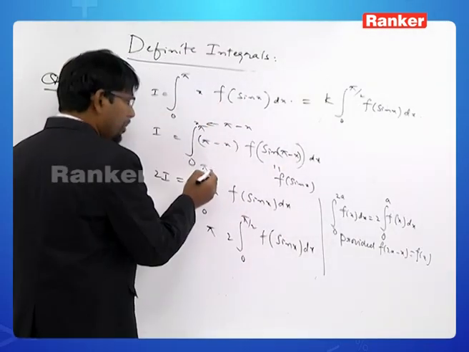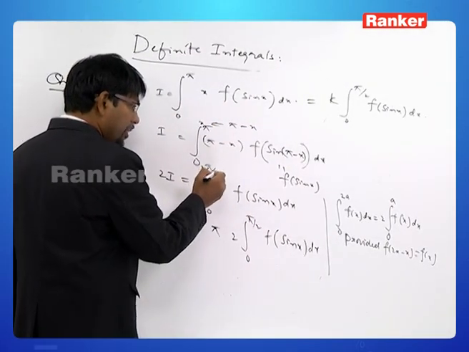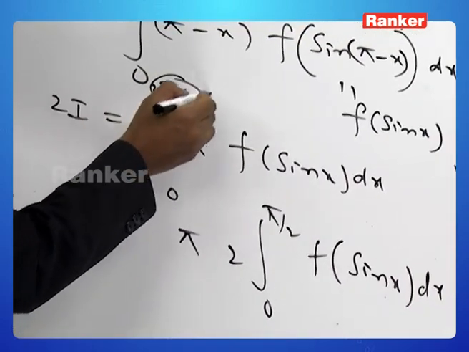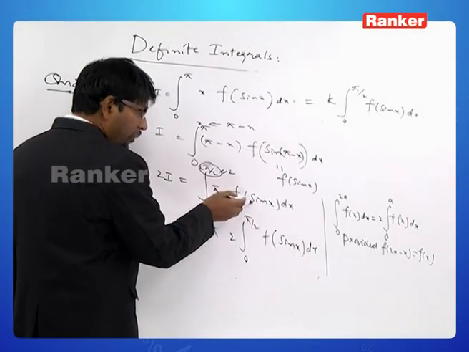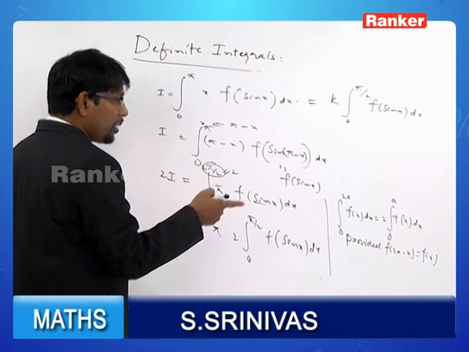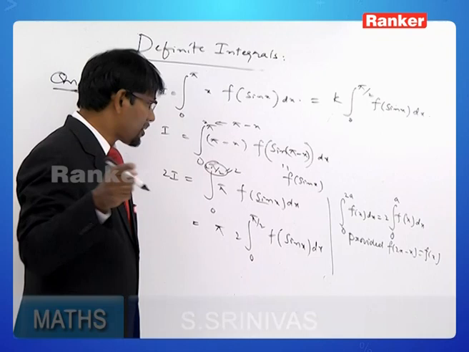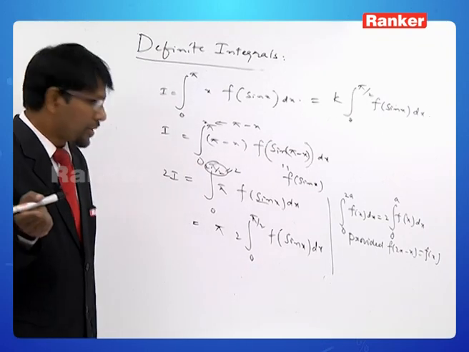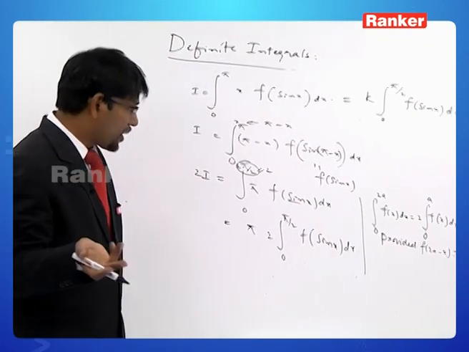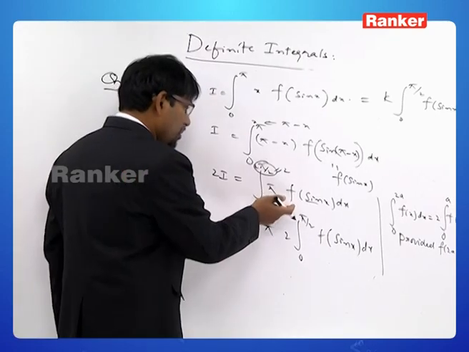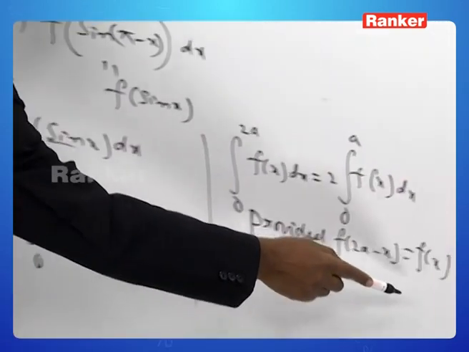Now the role played by this is 2 into pi by 2, we'll call this 2a. f of sin of 2a minus x, that is pi minus x, that is f of sin x only. So there is no change, so it is obeying this condition.